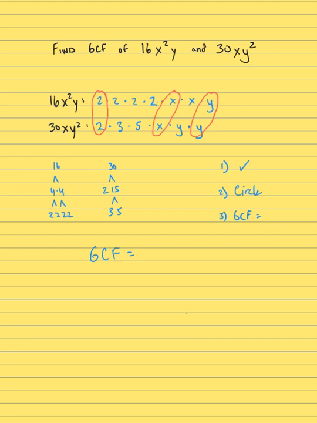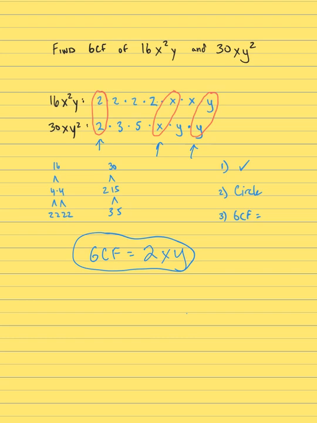I see a 2, I see an x, and I see a y. So that is my GCF. What does that really mean? That is the greatest factor that is common to both 16x squared y and 30xy squared.